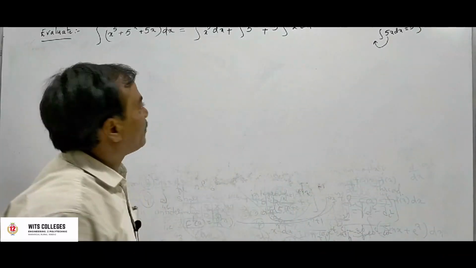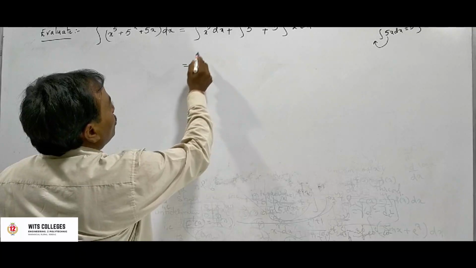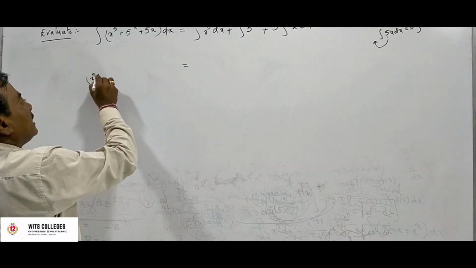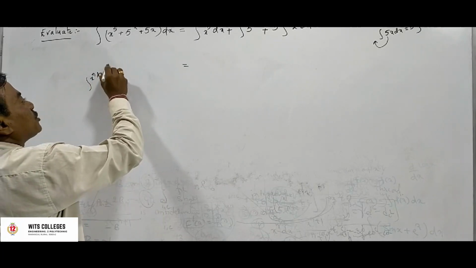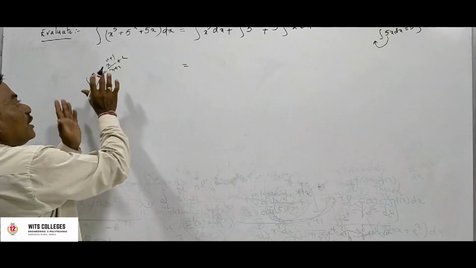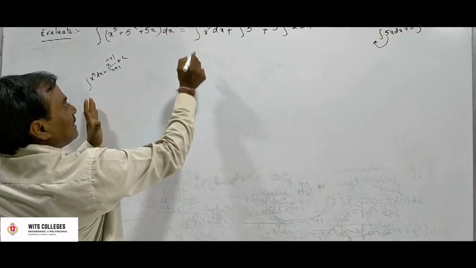This is in the form of the integral x to the power of n dx formula, so x to the power of n plus 1 by n plus 1 plus c. By using this formula, we write the integral value.